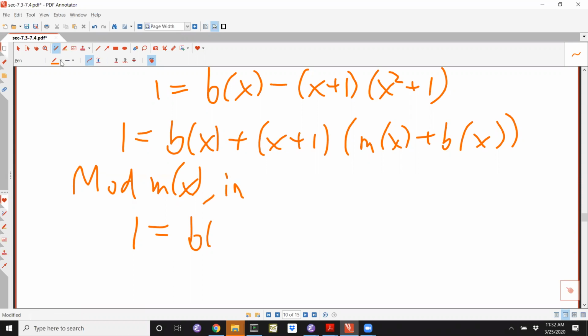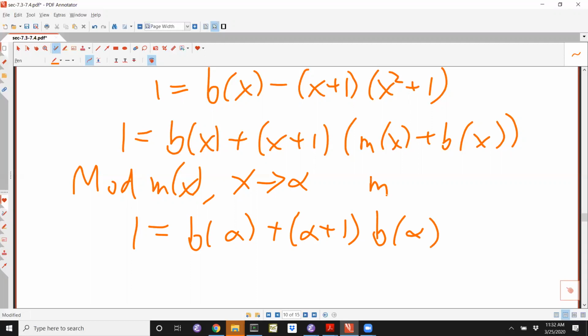At this point, since we are now working mod m of x, we can replace the x with an alpha. So we can replace x with alpha, and so we get 1 is equal to b of alpha plus 1 times b of x, because mod m of x, we know that alpha is a root of the modulus, and so m of alpha is equal to 0 by construction.